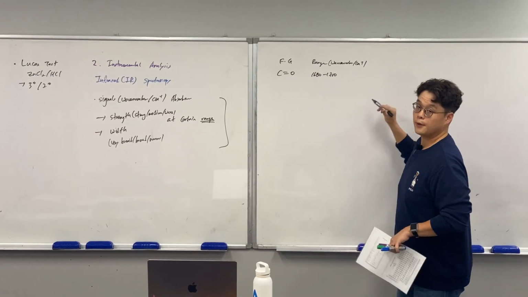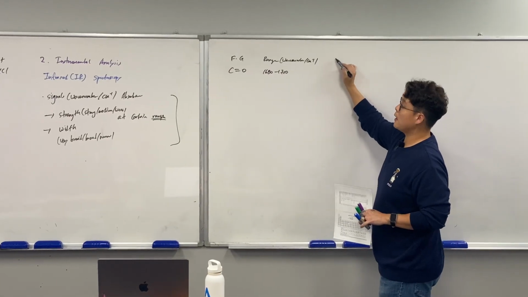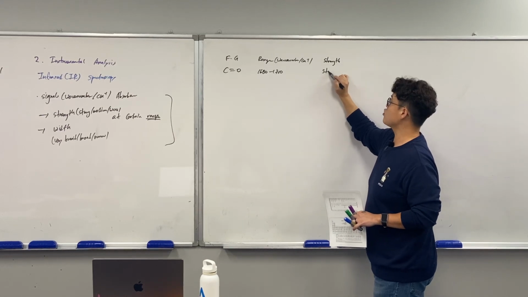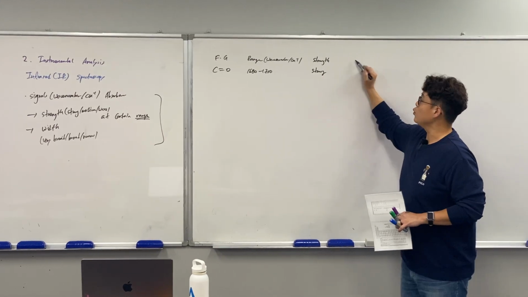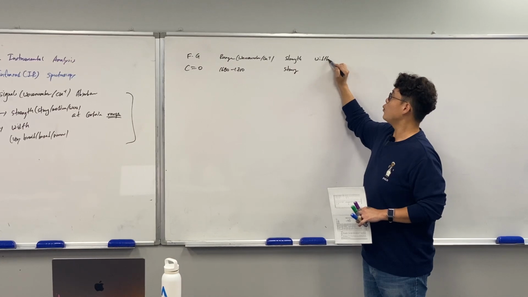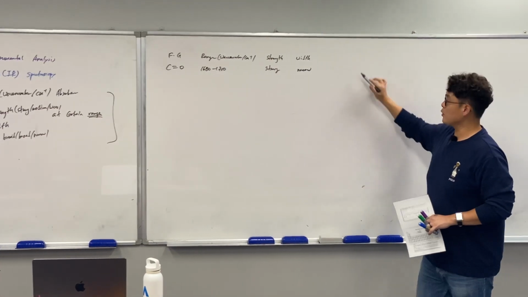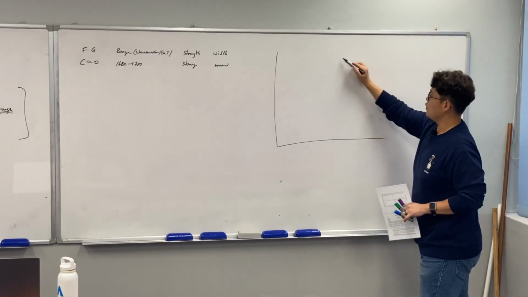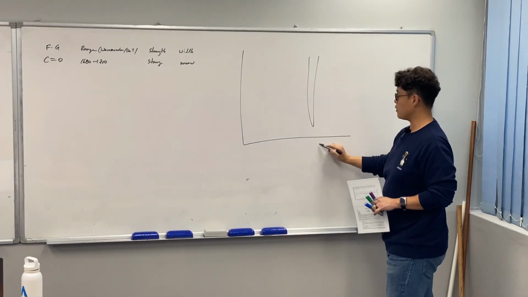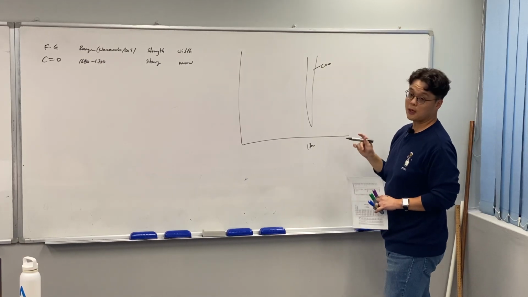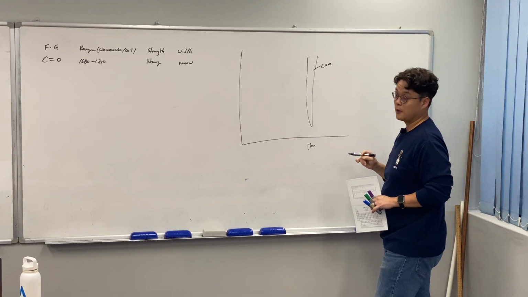In terms of strength, it would be a really strong signal. The width, however, would be narrow. So if you can see a really narrow peak at around 1700, this indicates that there must be a carbonyl present.